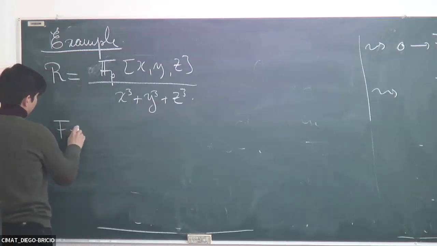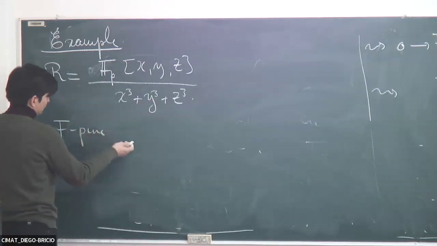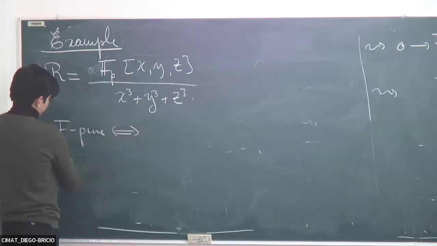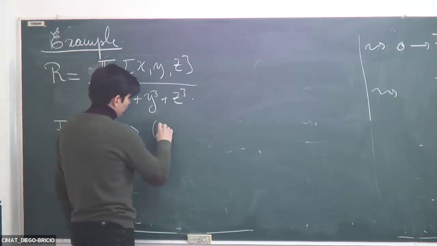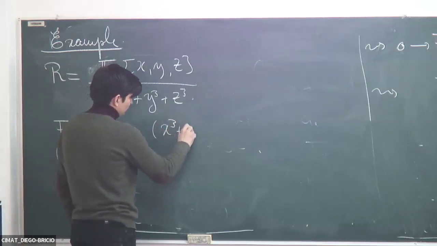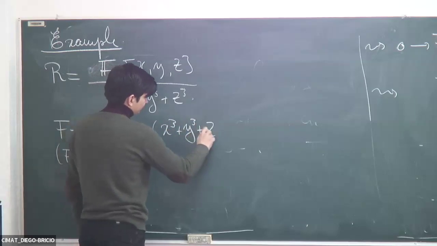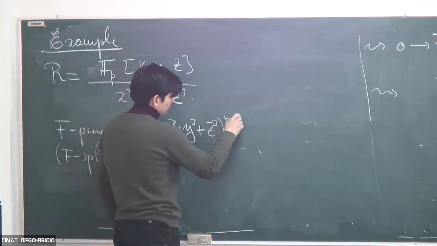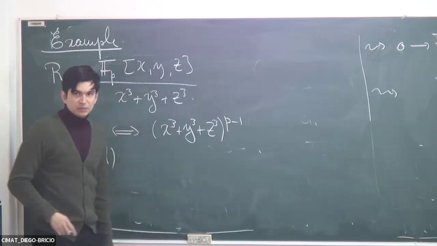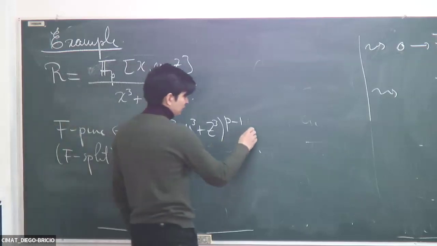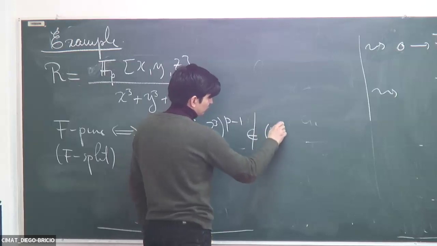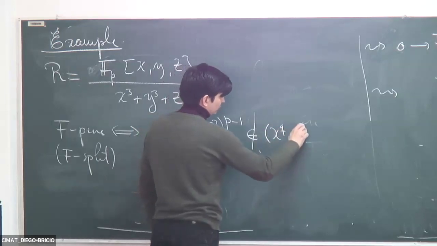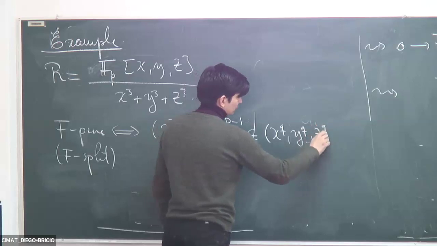So you can see that this ring is F-pure if and only if, well, what you do is that you take this polynomial, you raise it to the p minus 1 power, and you have to see whether or not this belongs to x to the q, y to the q, z to the q.